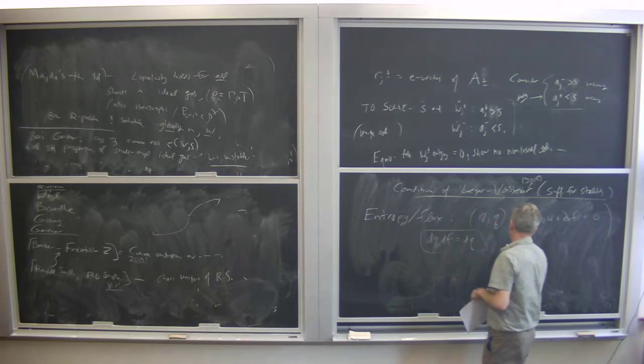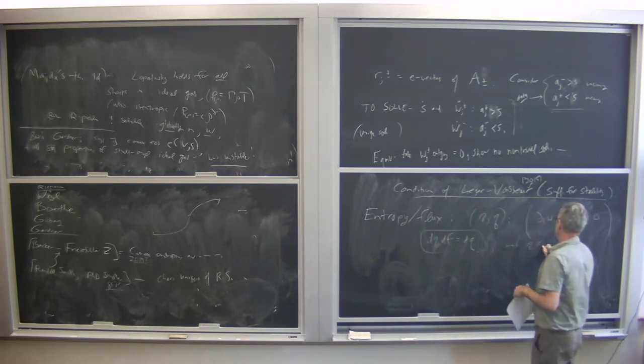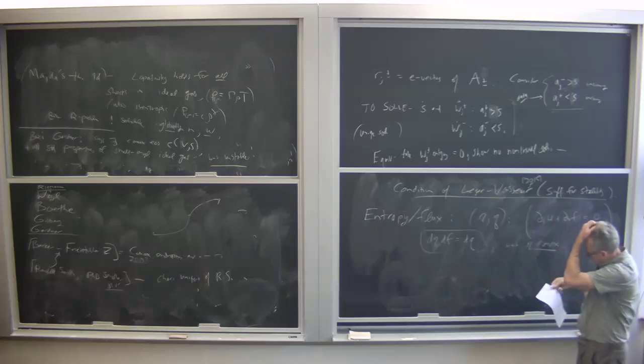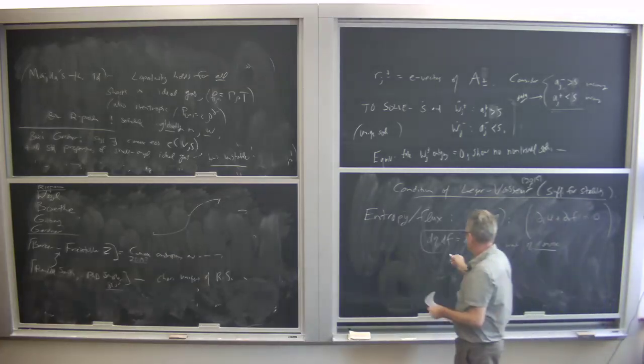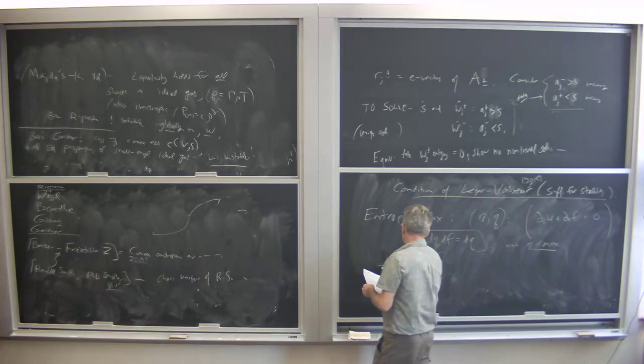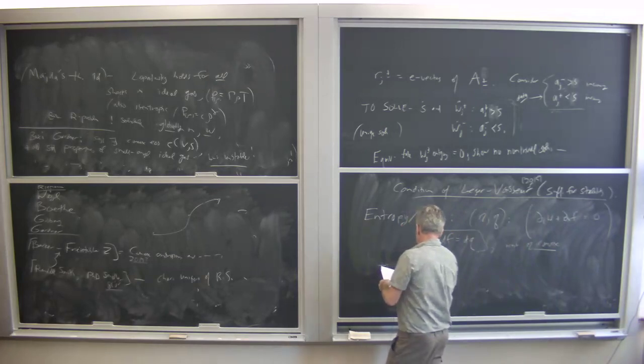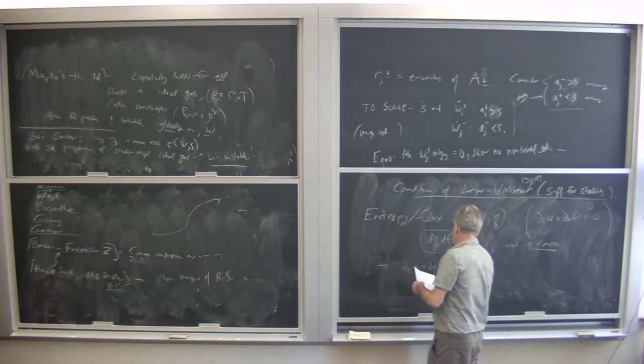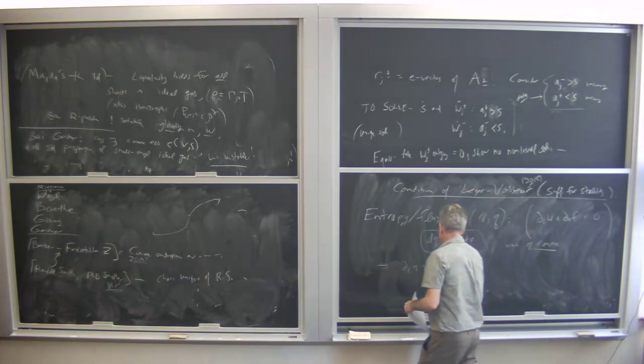And we want eta convex, because that gives us dt eta plus dq dx less than or equal to 0.